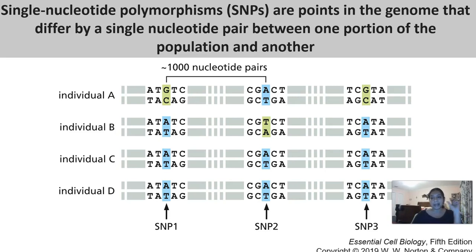Again, due to the wobble hypothesis, you can have that last nucleotide change and still give you the same amino acid, for example. In general, there is about 1 SNP every 1,000 nucleotide pairs. And so you can look for those, and then you can use those to identify different populations and different individuals. Typically, you can classify a SNP in a particular population if at least 1% of that population has that particular polymorphism.